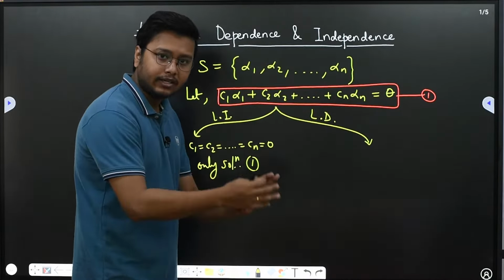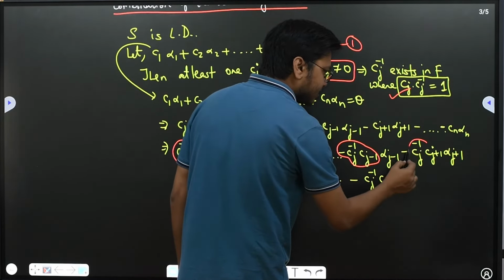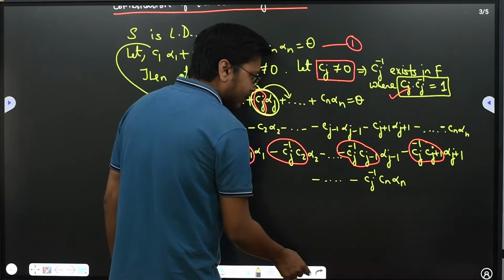Now you can observe that this part is going to become simply 1, from the thing that I have written here. And let's say these things are some elements of the field, some constants. I can give them some new names. I can call this one P1, this one P2, this one Pj minus 1, this one Pj plus 1, including the minus sign, and finally this one is Pn, right?